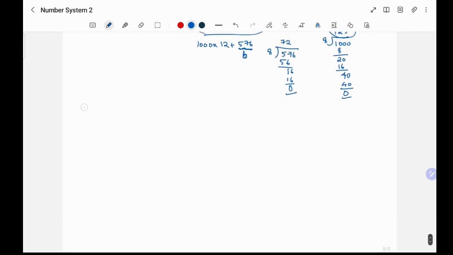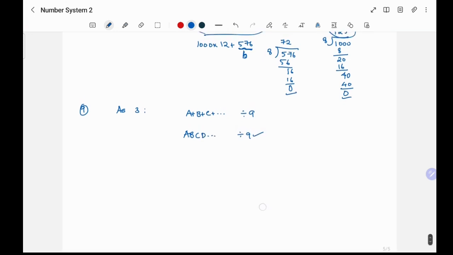Okay, let's move to 9. For 9, the same condition holds true as for 3. If the sum of the digits is divisible by 9, then the number itself is divisible by 9.